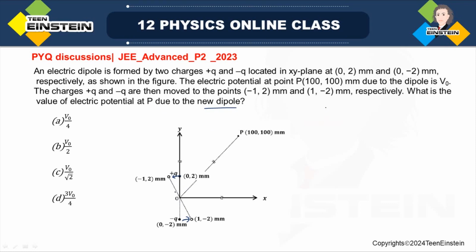So to solve this problem, let us first write down the expression for the potential produced by a dipole. We have learned this from the theory part already.